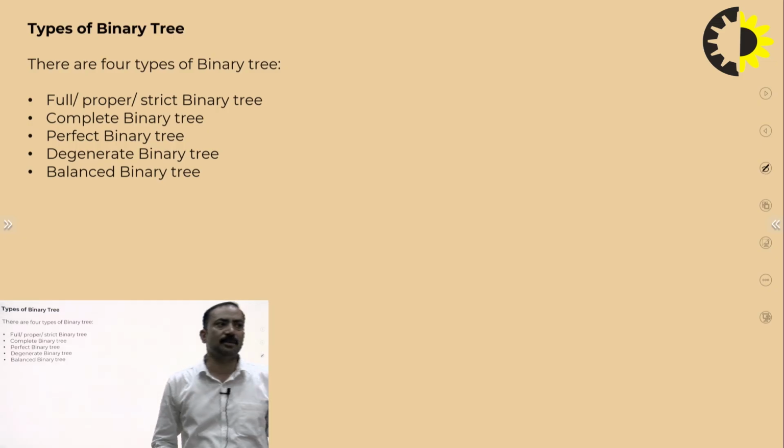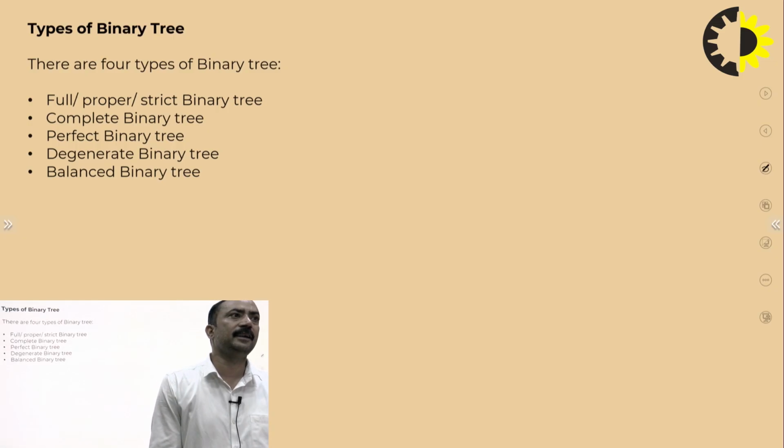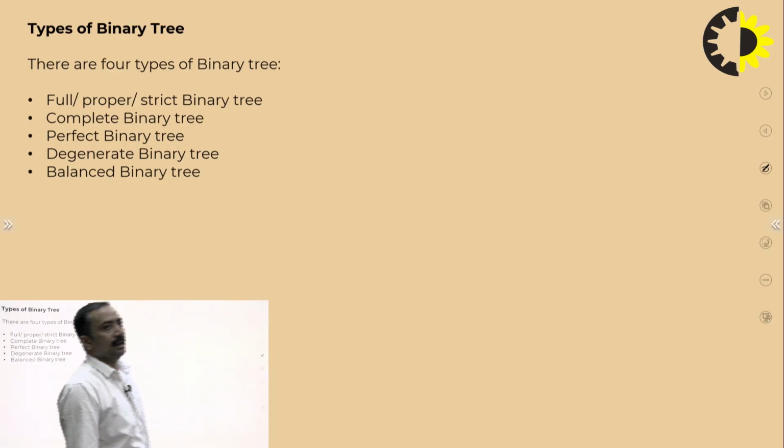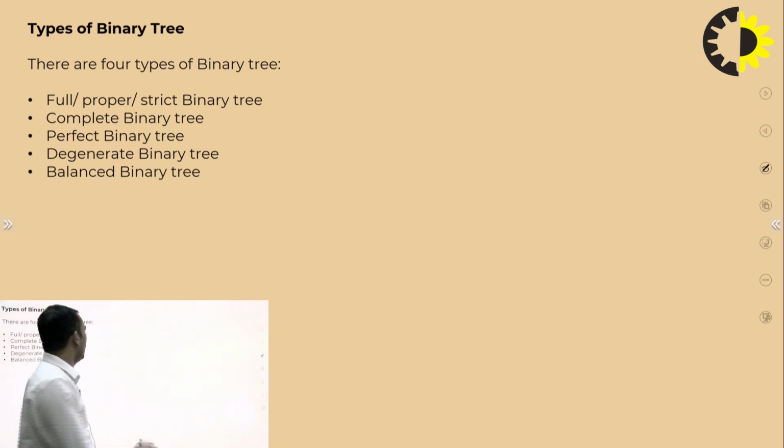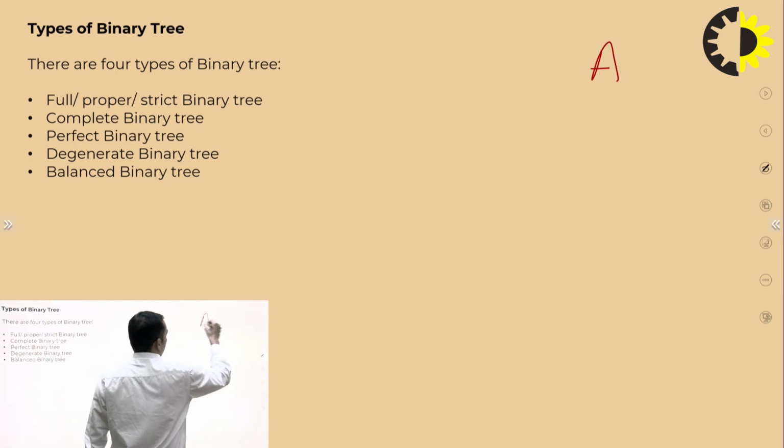Also, there can be a representation of a binary tree in a single or one-dimensional array. Suppose we have a binary tree like this.